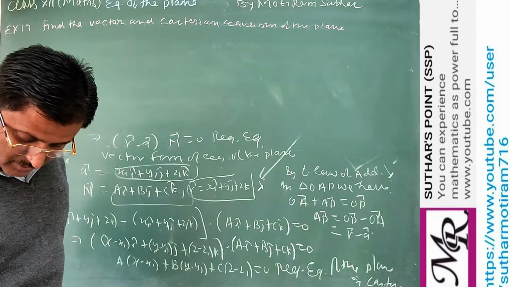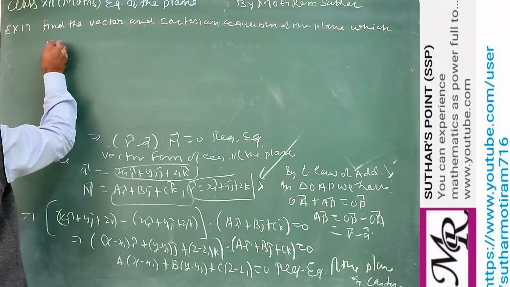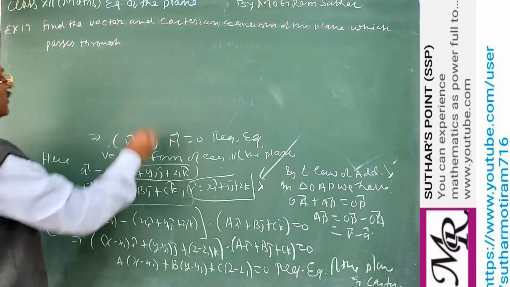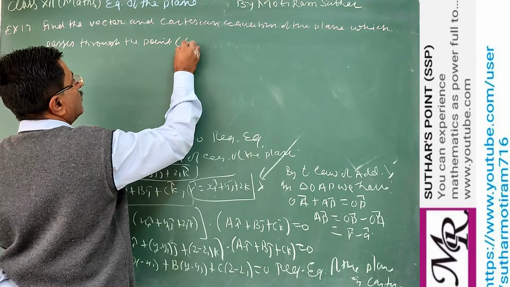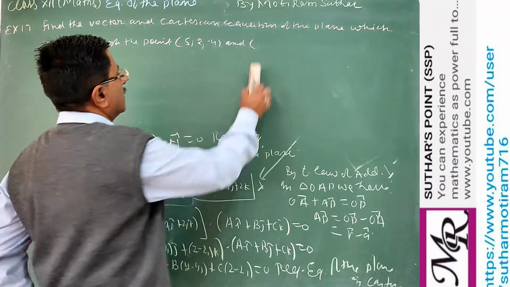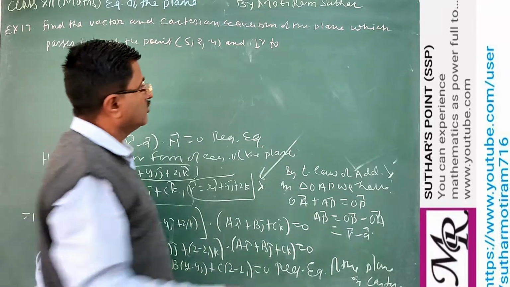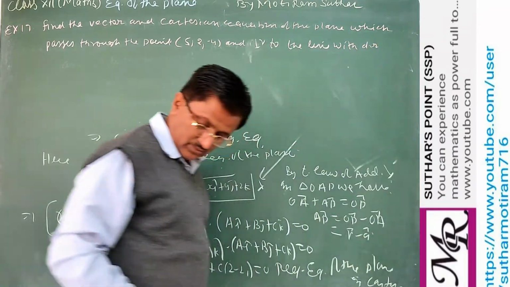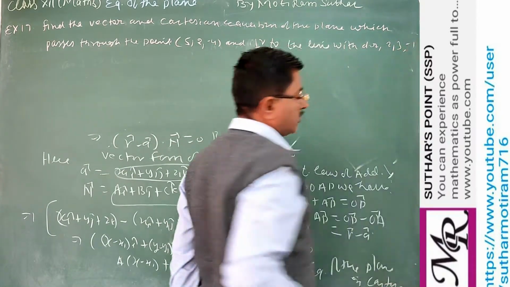You have to find both forms. The plane passes through the point (5, 2, -4) and is perpendicular to the given line with direction ratio 2, 3, -1. Direction ratio we are given of the line: 2, 3, minus 1.